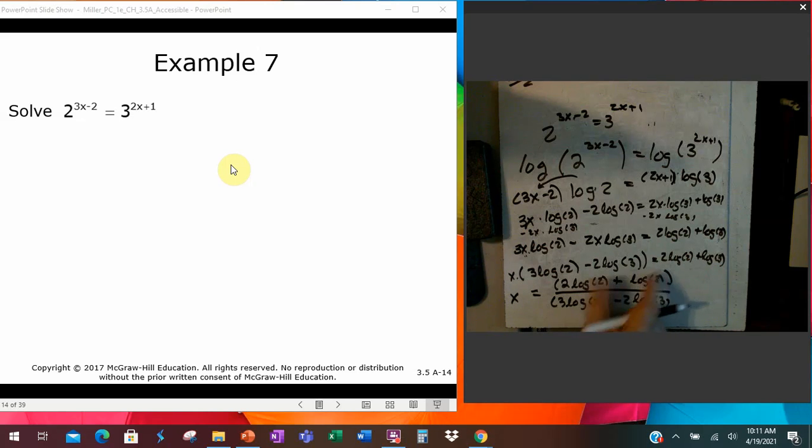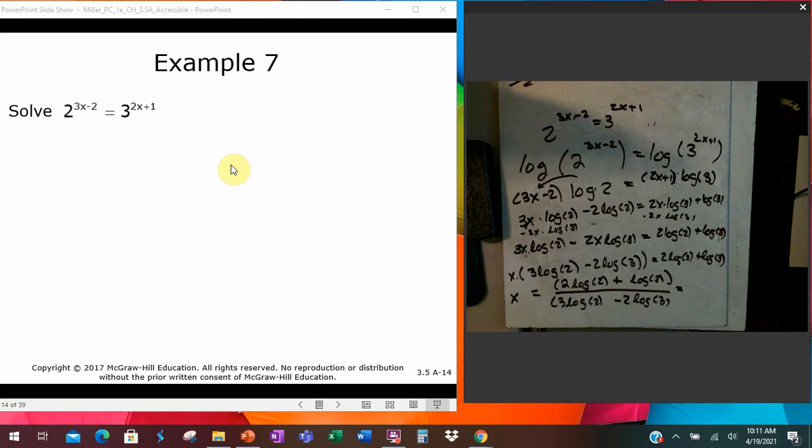Okay, I could bring these back in together, but when I'm calculating, that's good enough for calculation. 2 times the log of 2, that's calculator, plus the log of 3, then divide by 3 times log 2 minus 2 log 3.